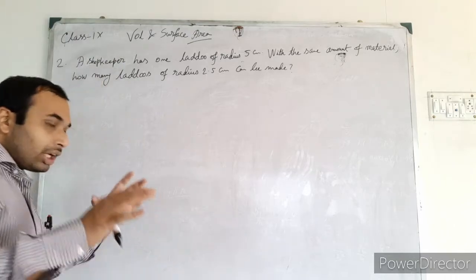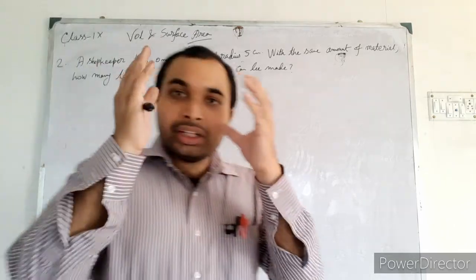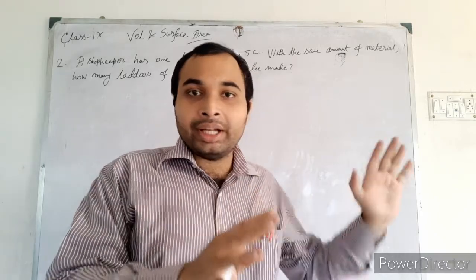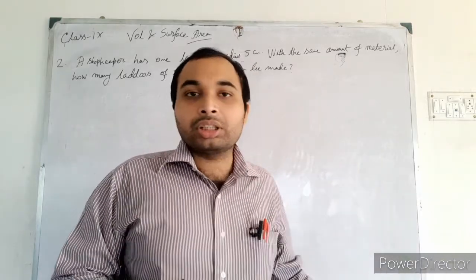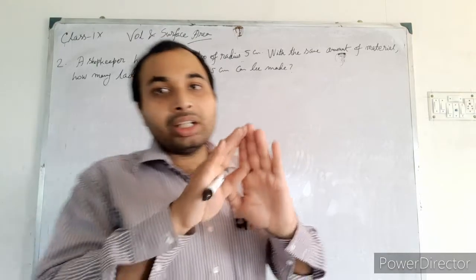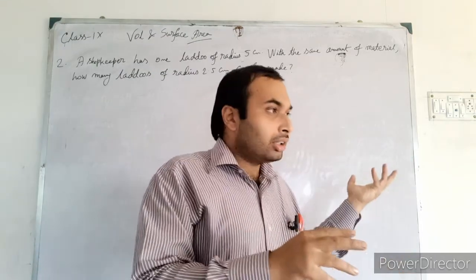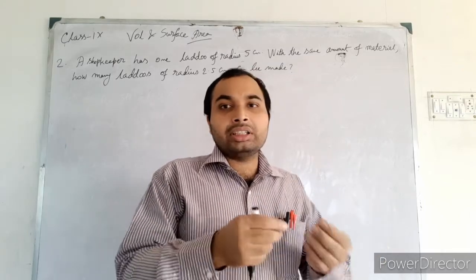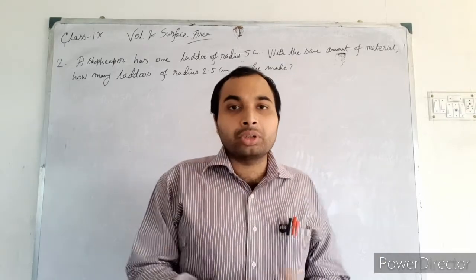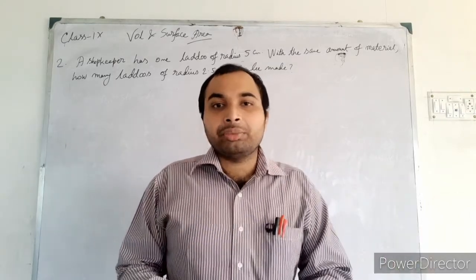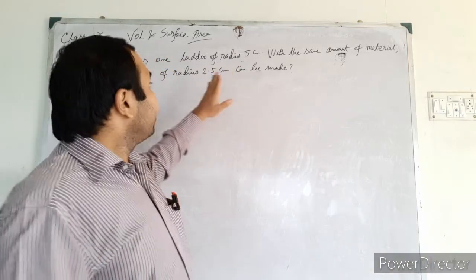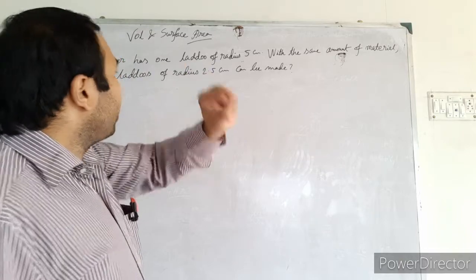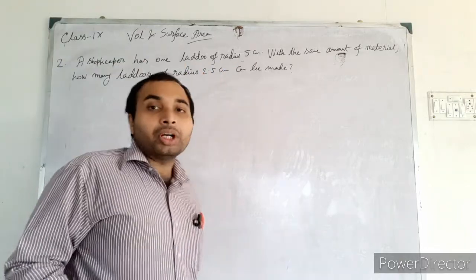So that means a spherical volume is there, the laddu is there, and that material has been broken, and with that material they have made small spheres of radius 2.5 cm.